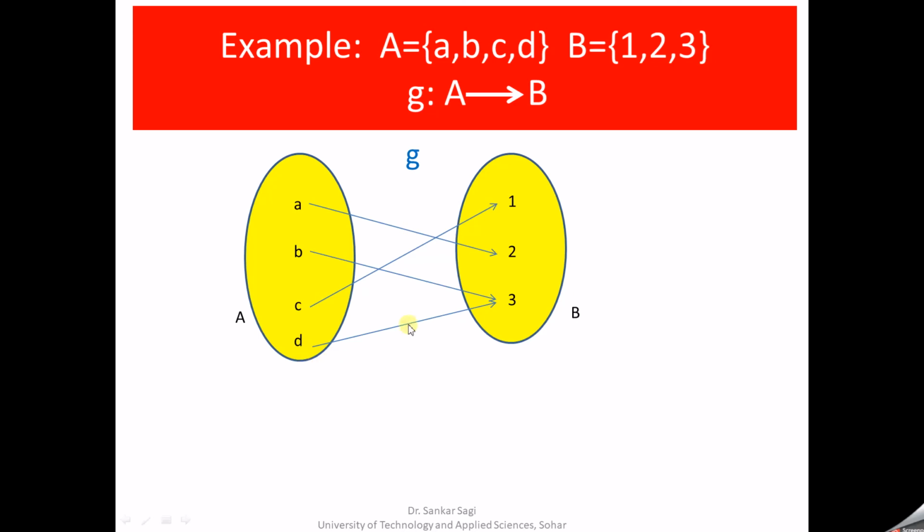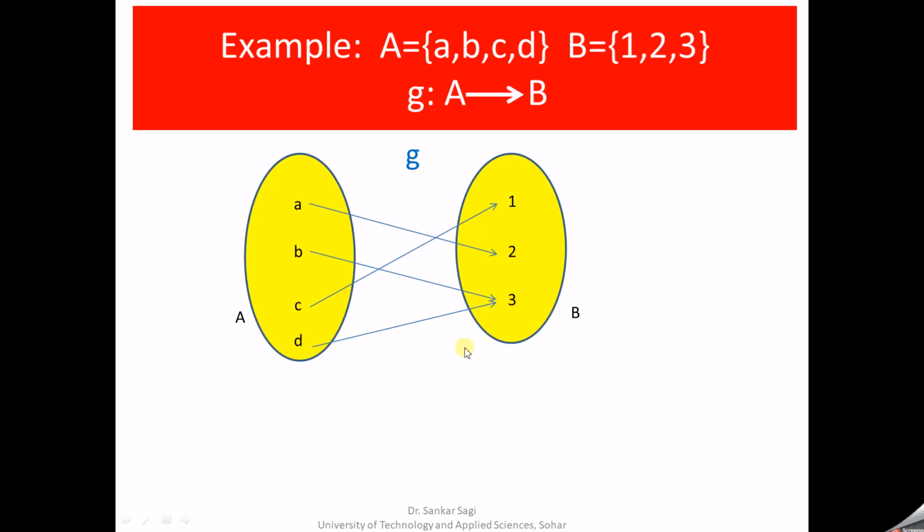And d has image 3 and d has only one image 3. So all the elements of the first set, the domain, have images and all these elements have only one image, that is unique images. Therefore G qualifies to be a function.